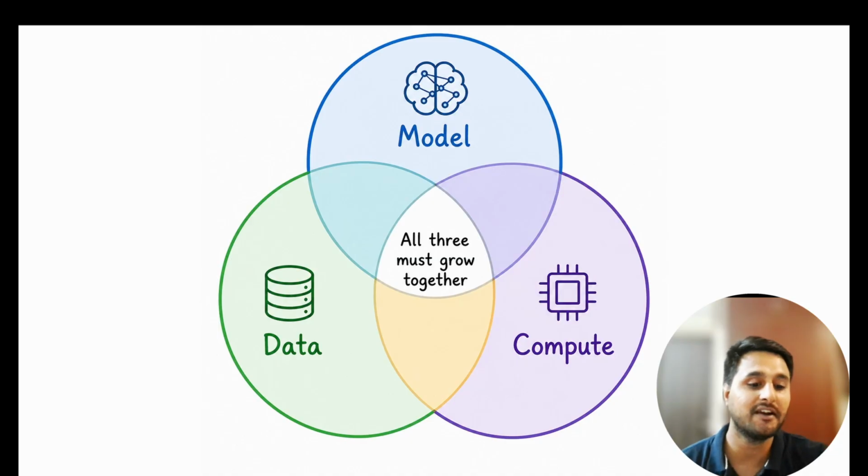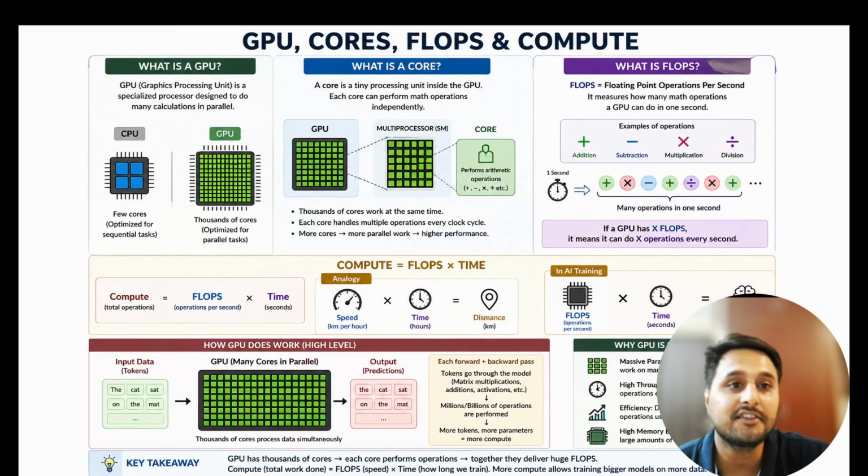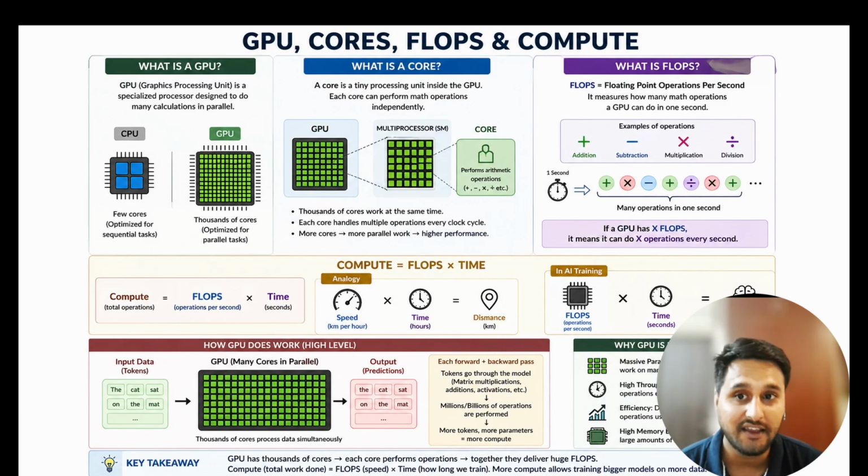So first understand what is compute. To train language models, as we saw in the transformer architecture when I was explaining it, everything during training runs in parallel. There are lots of multiplications and additions of big matrices, and everything runs in parallel during training.